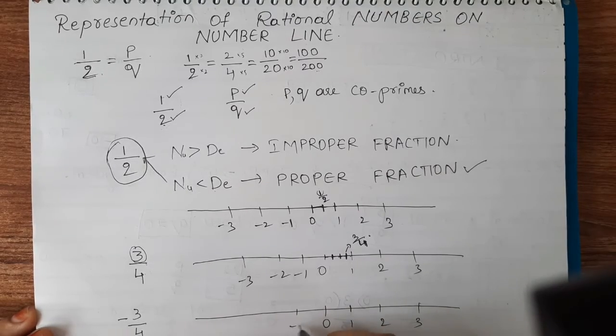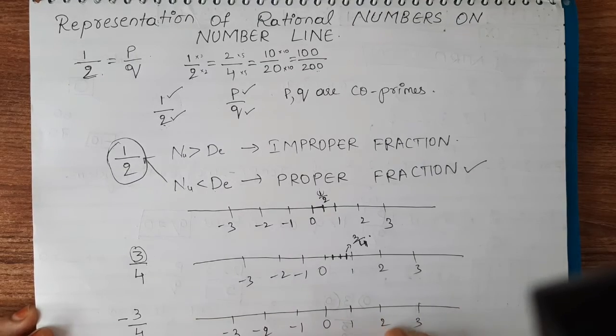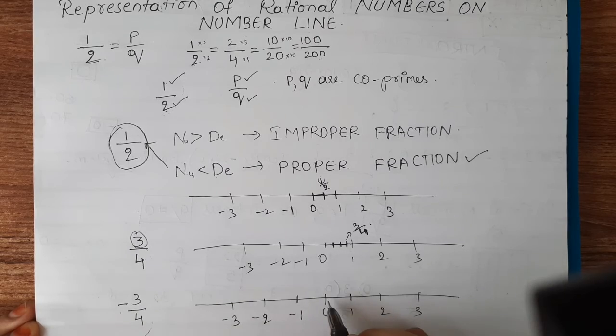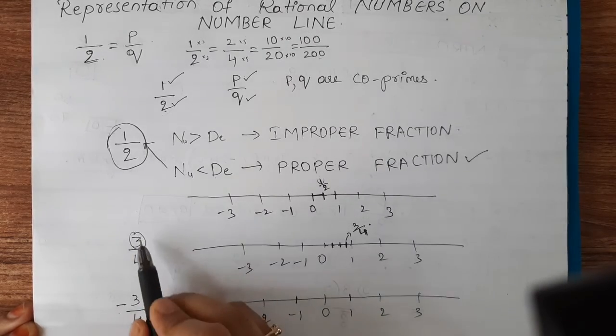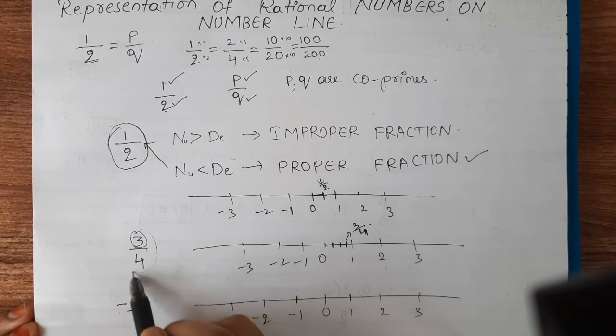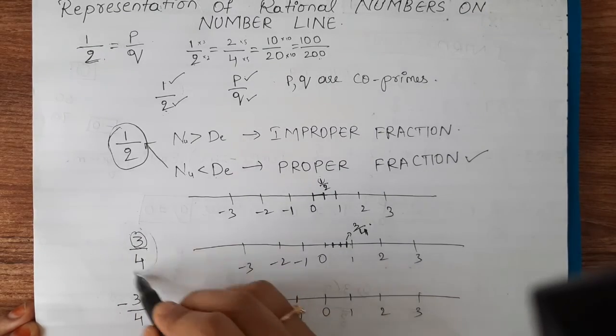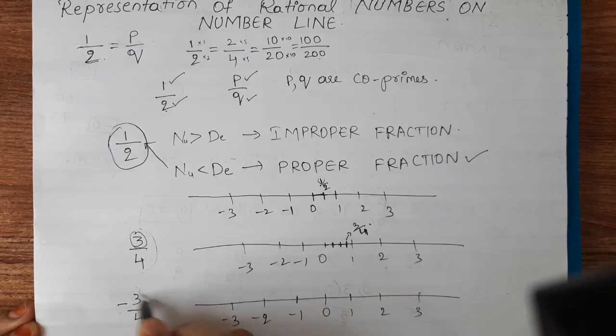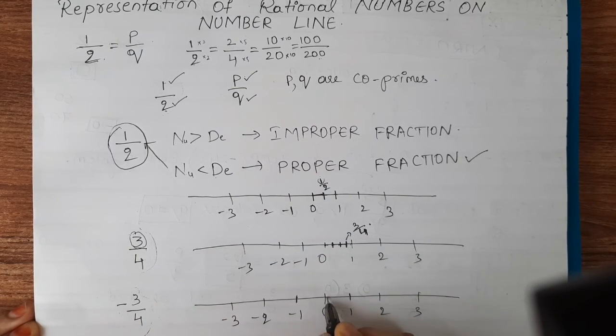Which portion will you consider? The portion between 0 and minus 1. If the rational number is negative, consider the portion between 0 and minus 1. For a positive proper fraction, consider the portion between 0 and 1.